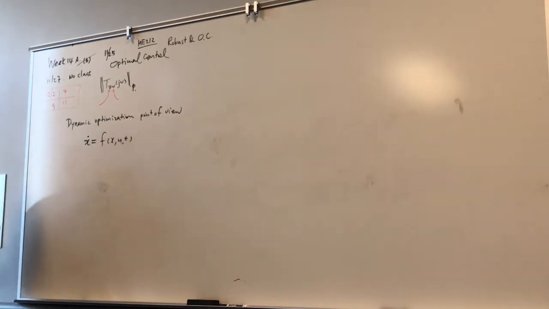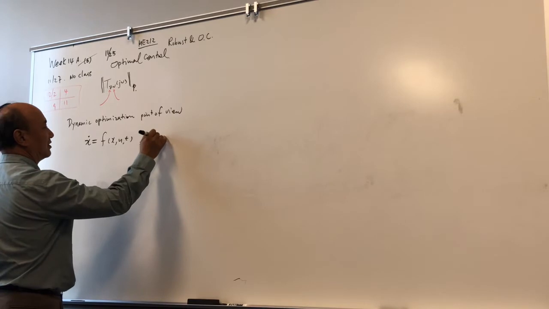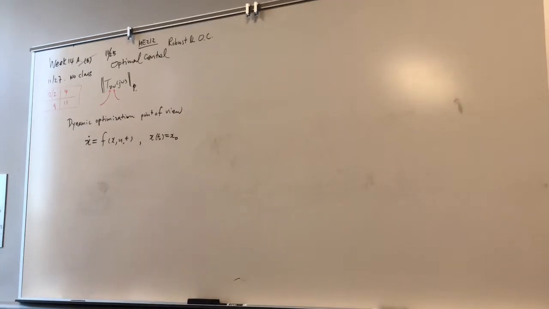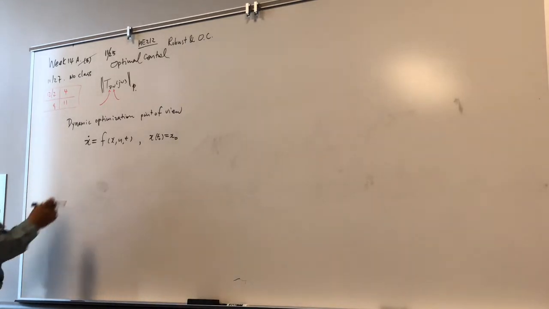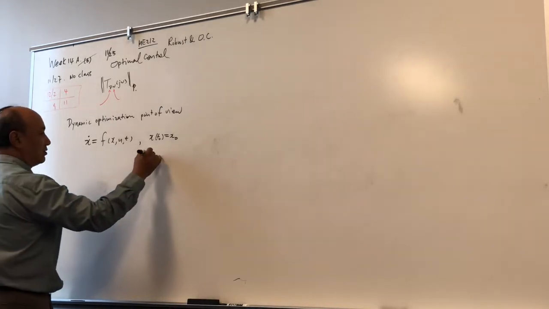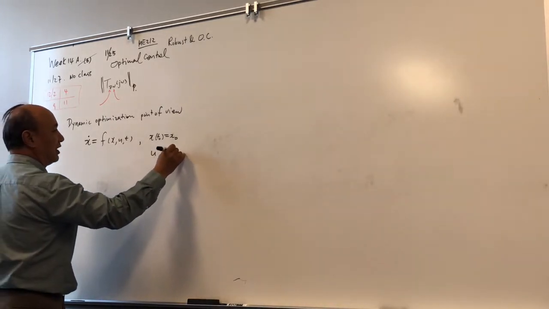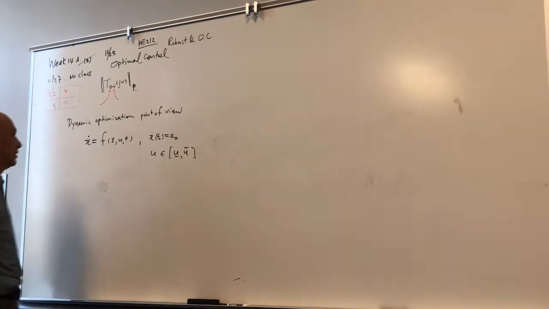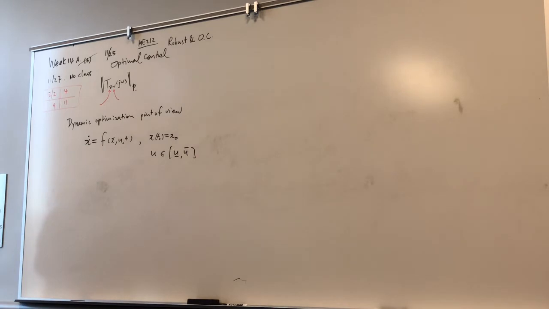So this is my dynamic evolution. And of course, I have the initial value problem, x(t0) is x0. It has a control function, and the control u is bounded between u underbar and u bar in this interval. Of course, x can be a vector.